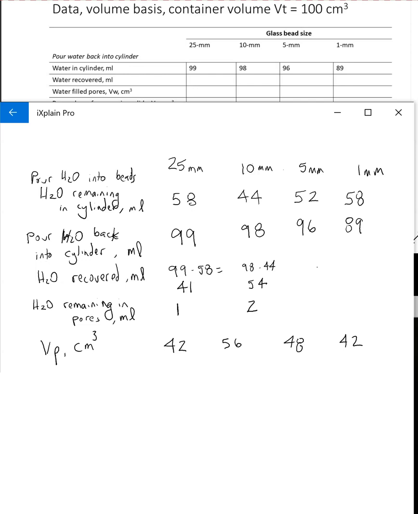In this case, we had 96, so we ended up with 44 here that we've poured back, and 4 milliliters there. And in this case, we had 41. No, 31. 31. And we had 11 milliliters that remained in the pores.